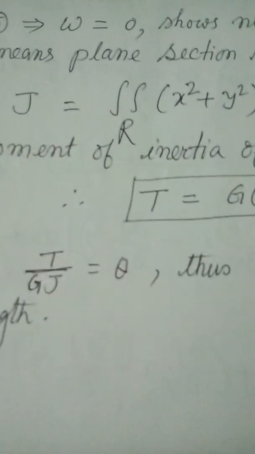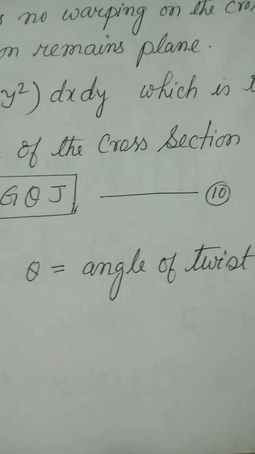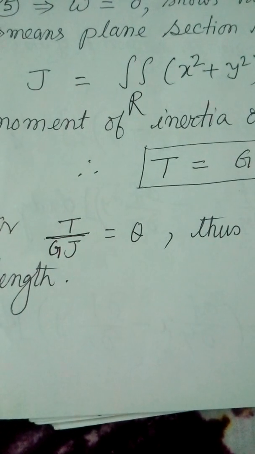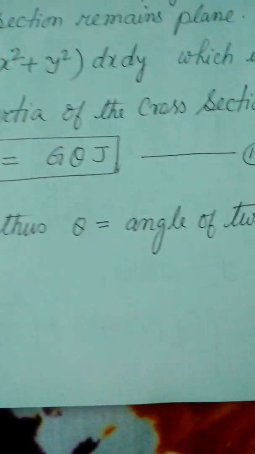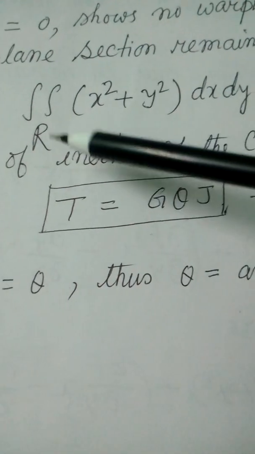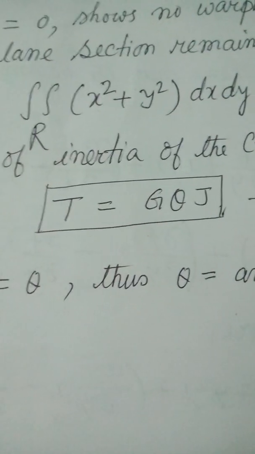So this is J is equal to now this one, which is the polar moment of inertia of the cross section. This you know, this is the polar moment of inertia, x square into area. This is the area.